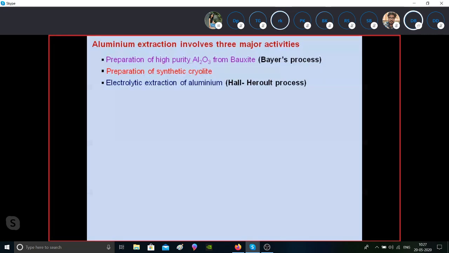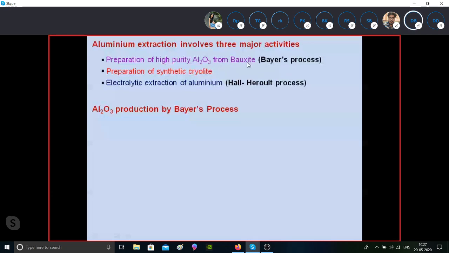First of all, my first attempt will be to produce high purity alumina. Alumina is produced by Bayer's process. This is not the Hall-Héroult process. The alumina is extracted by Bayer's process.